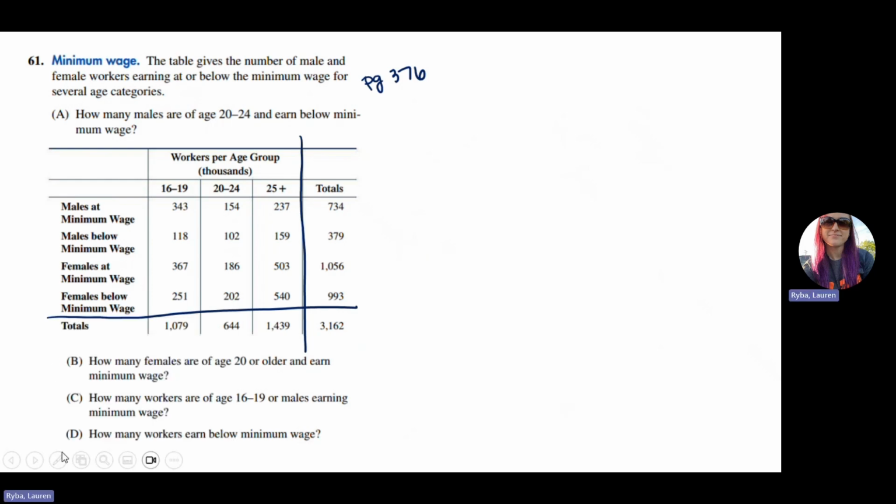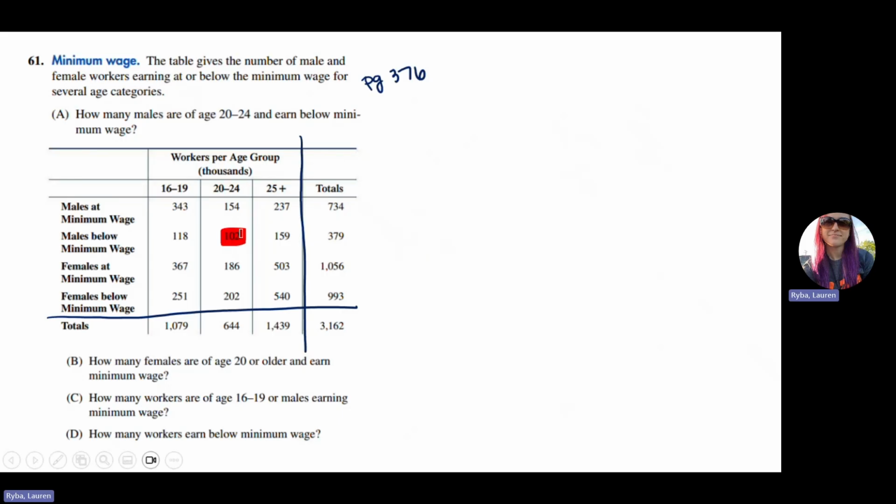Okay, so question A, how many males are of age 20 to 24 and earn below minimum wage. So they have to be a male, below minimum wage, and they have to be in this age group here. Okay, here's the males, below minimum wage. Here's the age group.